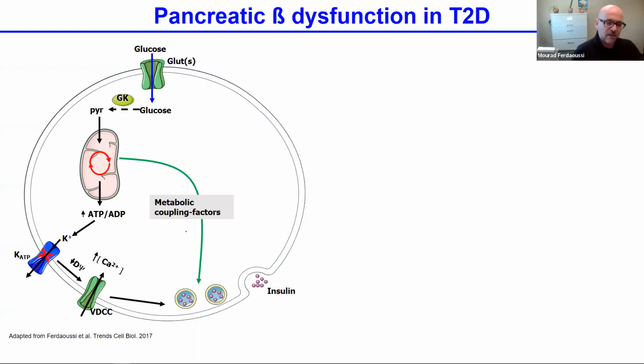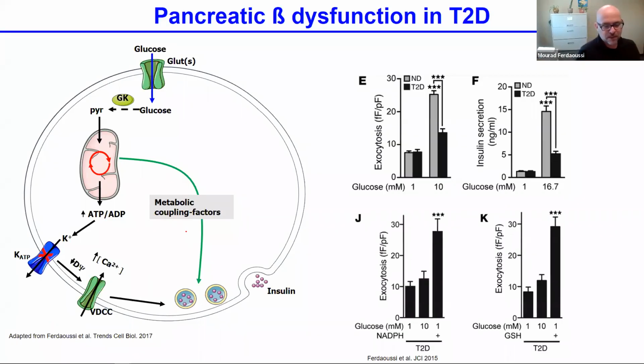What was really interesting, and we observed, is that this amplification of insulin secretion is dysfunctional in patients with type 2 diabetes. In this study, pancreatic beta cells were isolated from cadaveric donors with non-diabetes or diabetes, and we measured the exocytosis, or insulin secretion.